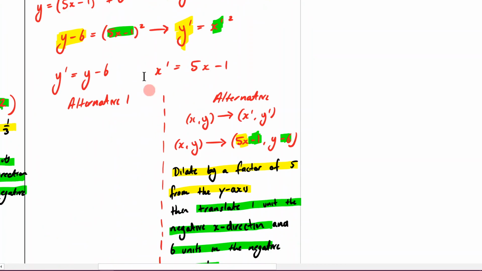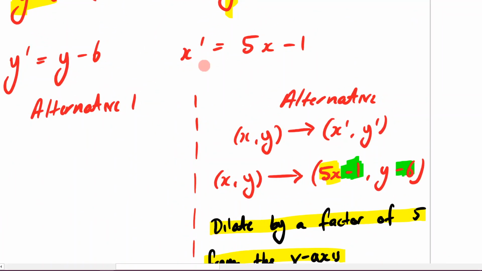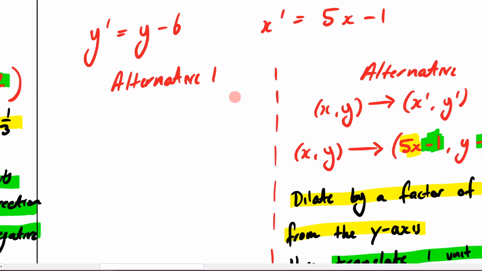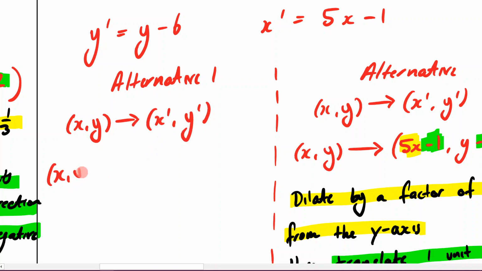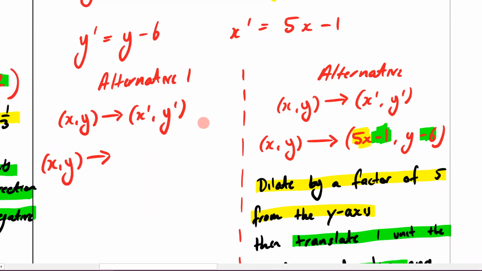The other way to do it, once you figure out what x dash is, is there's of course another way to write it. I have x, y, and I'm going to x dash, y dash. Instead of writing x dash like this, I could factorize it.